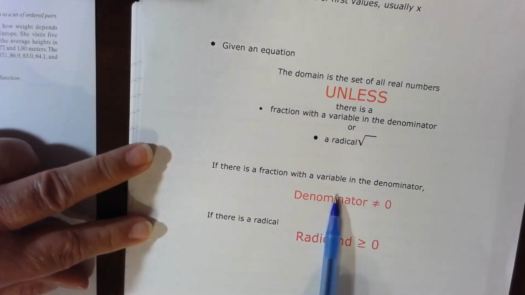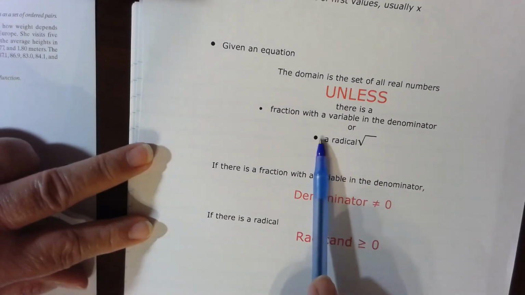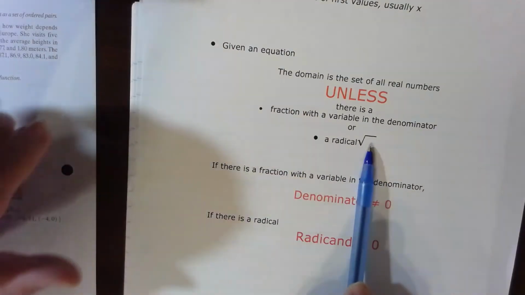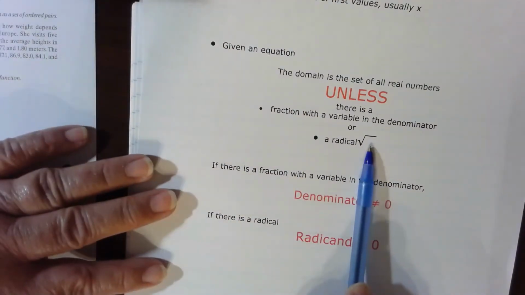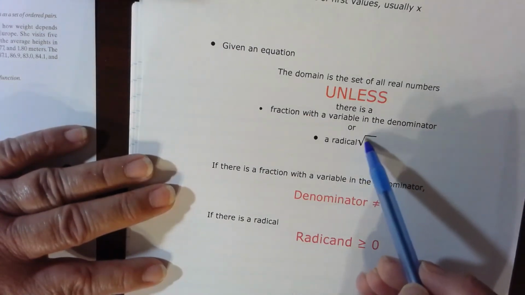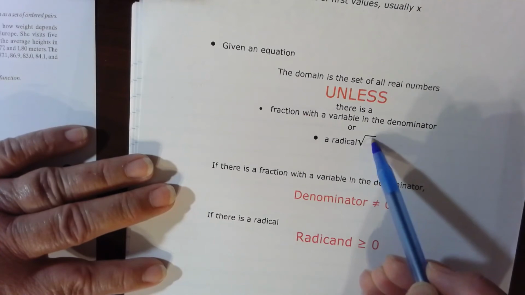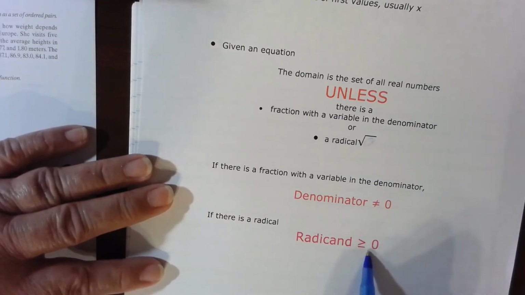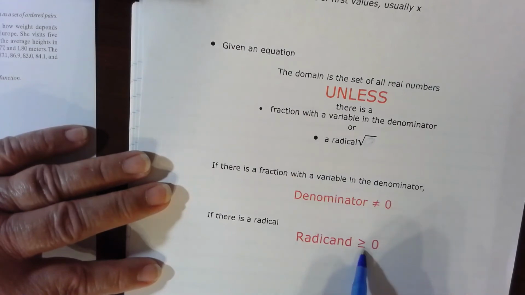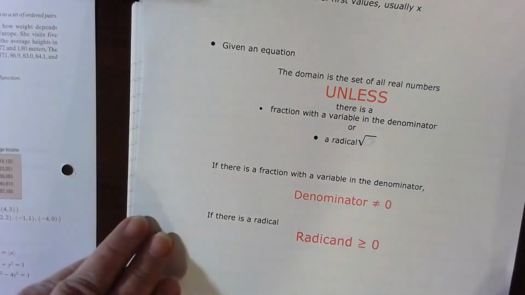So whatever makes it 0 is not in the domain. The other condition is what if there's a radical, an even root radical, a square root, a fourth root. If there is, the radicand, that's this part right here that's under the radical sign, has to be greater than or equal to 0 because we don't know how to take the square root of negative numbers. Alright, so how does that apply to our problems?